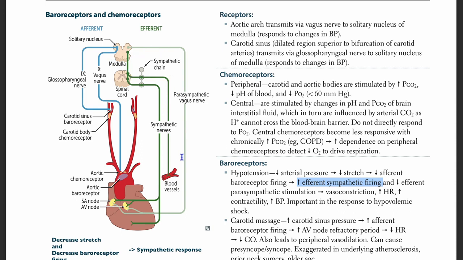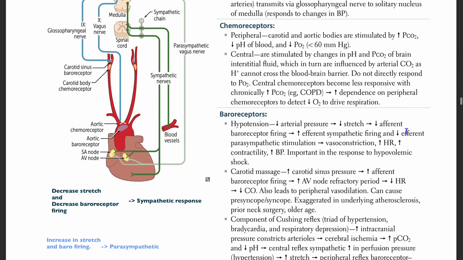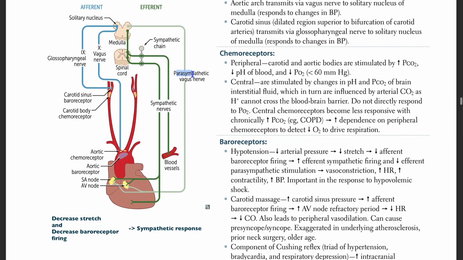This one is parasympathetic. So this one's gonna come in. It's gonna go to the blood vessel to vasoconstrict, and it's gonna go to the heart to pick up the heart rate and stuff. Okay, so an increase in efferent sympathetic firing and a decrease in efferent parasympathetic stimulation, right? So it inhibits this basically, whatever this is doing, because this one's the one that relaxes you, or you have a parasympathetic response when you're relaxed. So it's gonna inhibit that.